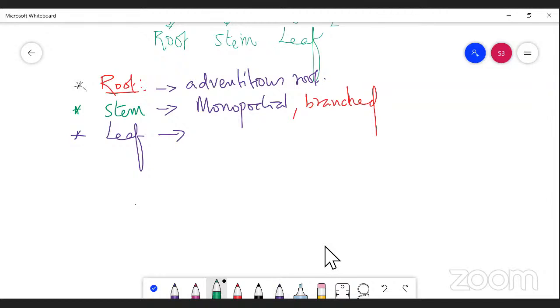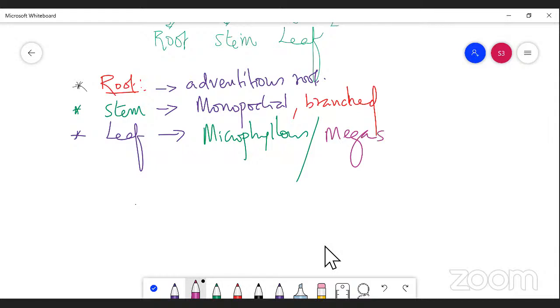The leaves may be microphyllous, or sometimes megaphyllous. Microphyllous means the leaves are small in size, whereas megaphyllous means the leaves are larger in size.